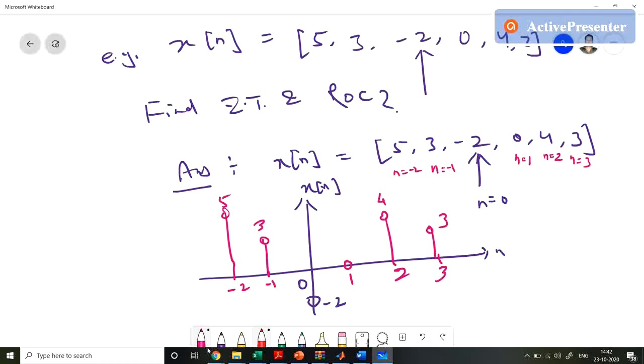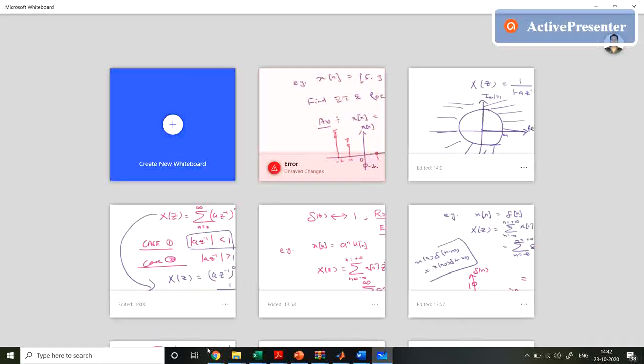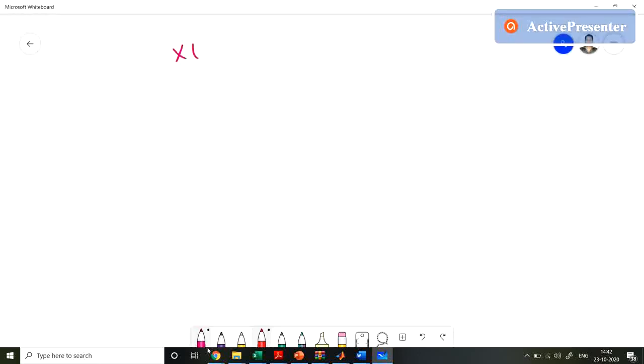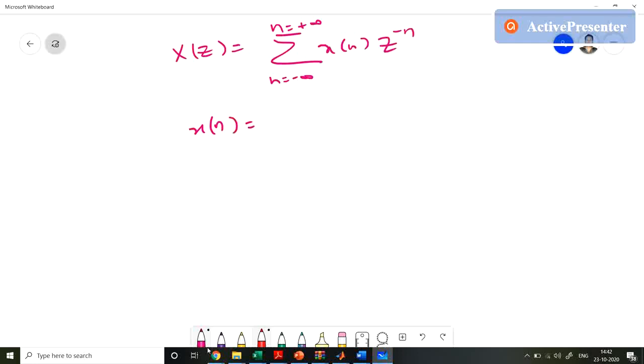Now we can find out the z transform X(z), which is the summation from n equals minus infinity to plus infinity of x[n] z raised to the power minus n. Now x[n] can be written in the form of unit samples.